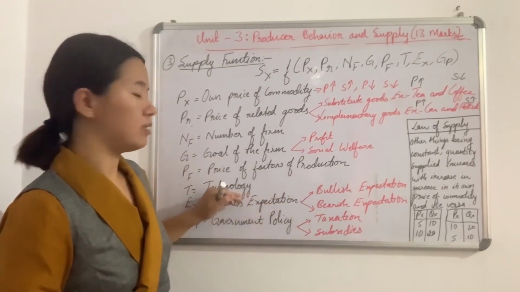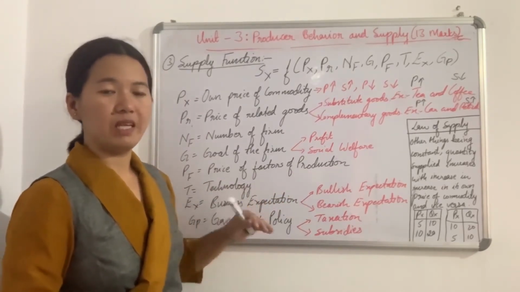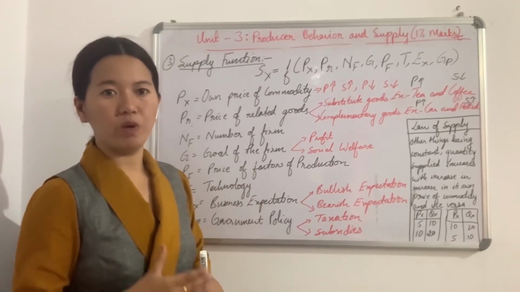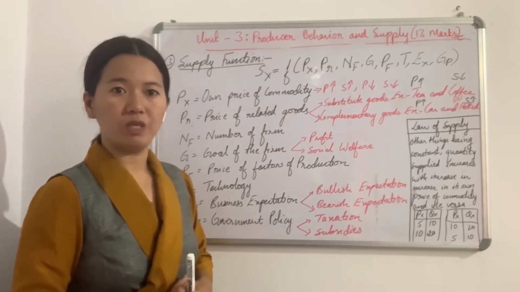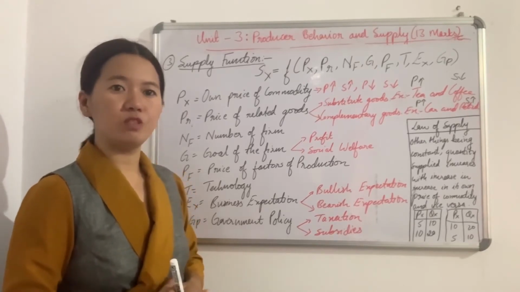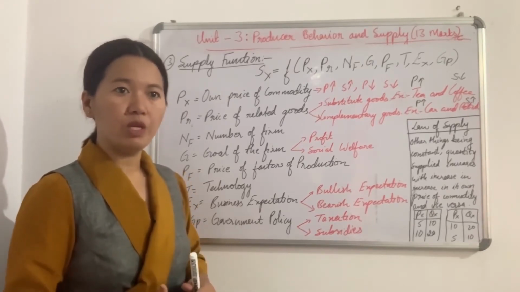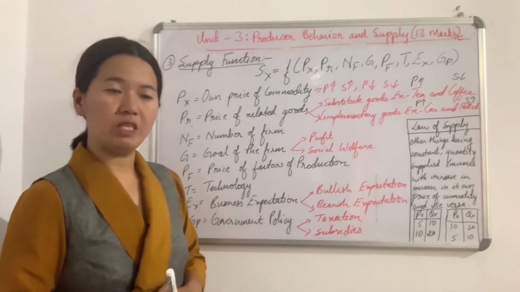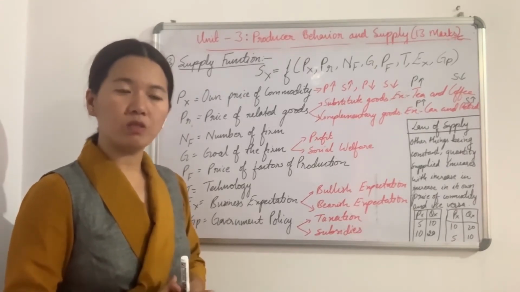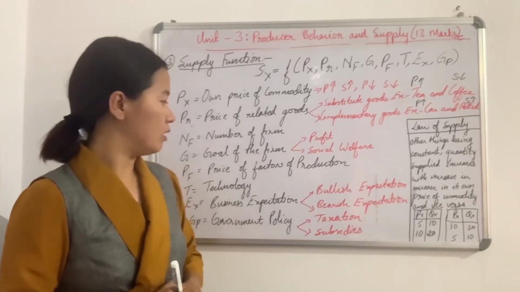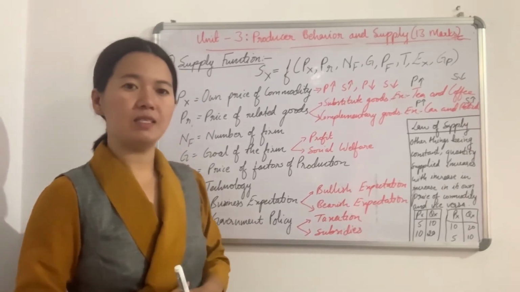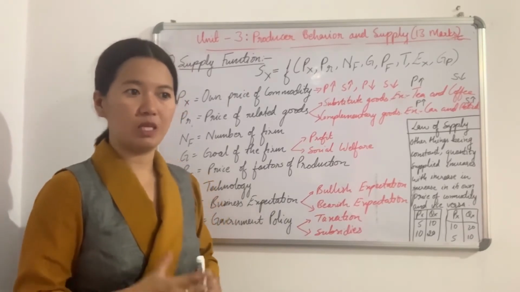And the next is the technology, that is the state of technology. If the state of technology has improved or advanced, then the cost of production would definitely be less and the producer would be able to produce more and he would increase his supply. And if the state of technology is outdated or backward or obsolete, then the cost of production would increase and the supply of the producer would decrease.